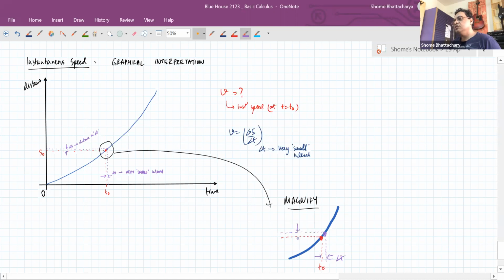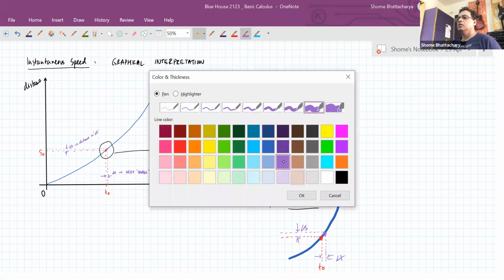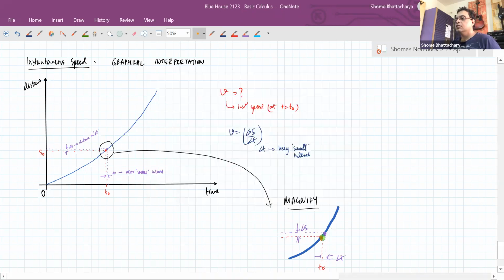So this distance is delta s. Okay. So now, if we join together these 2 points, we'll get a straight line like this. It basically looks something like this. Okay. So on this graph, it looks basically like a straight line, which is like this.